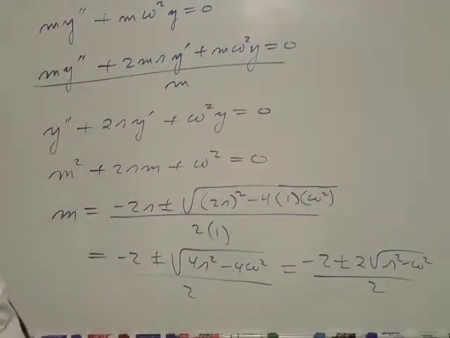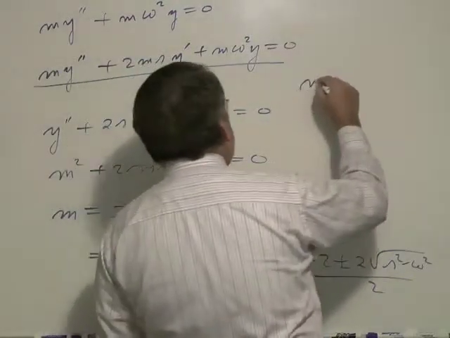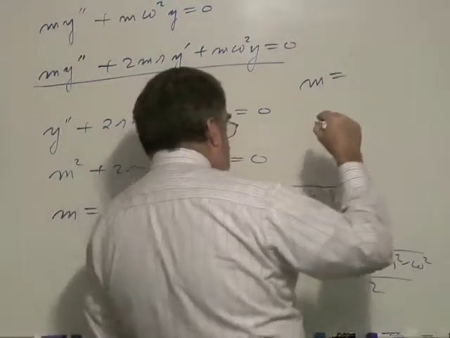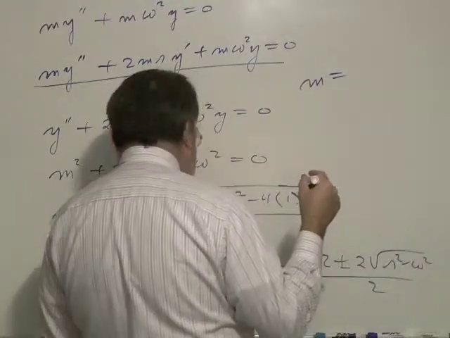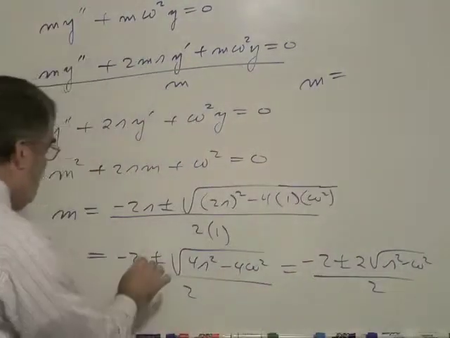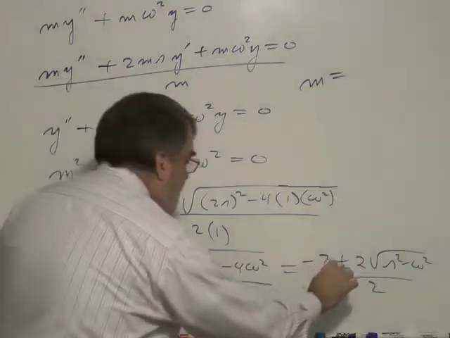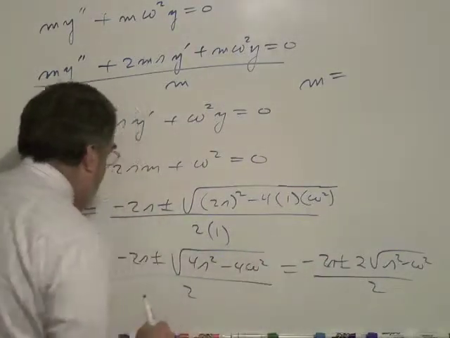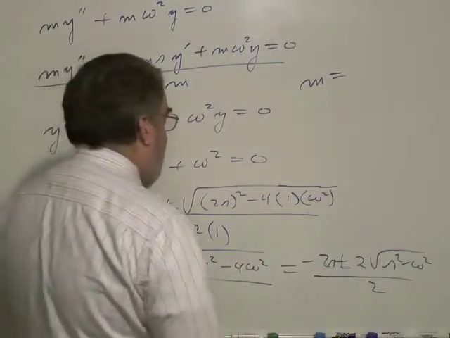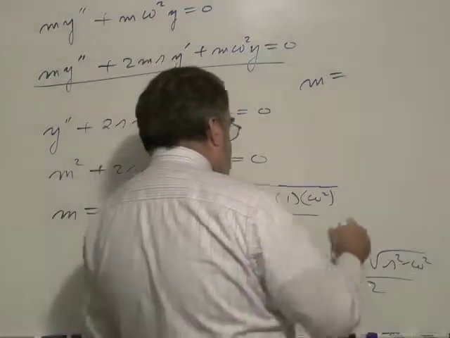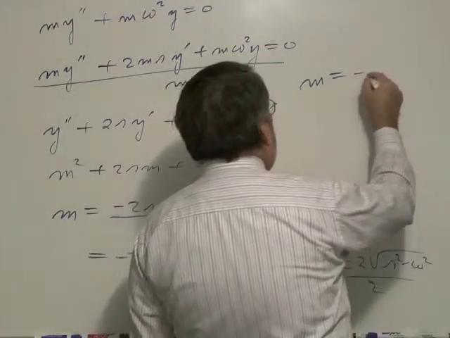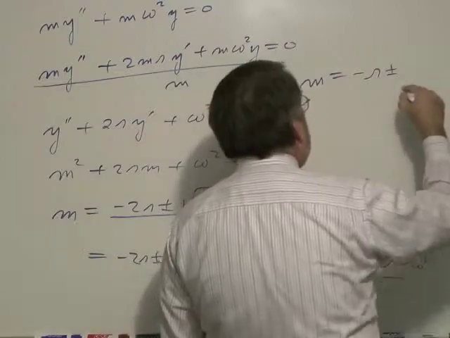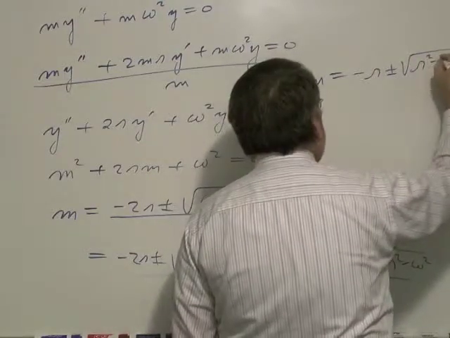At this point we can divide the 2's off. And so the root of my characteristic equation is m equals, and I forgot something, there's an r right here. Better put that back in, you probably saw it. Make sure that r is there. Divide by 2, m equals minus r plus or minus the square root of r squared minus omega squared.